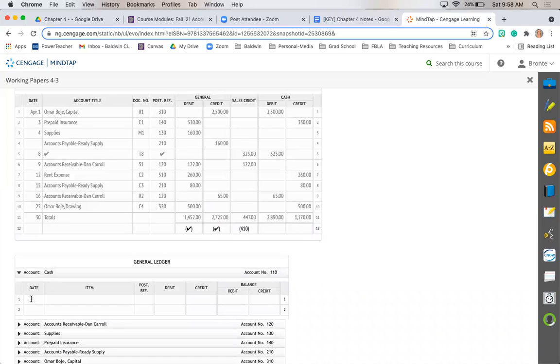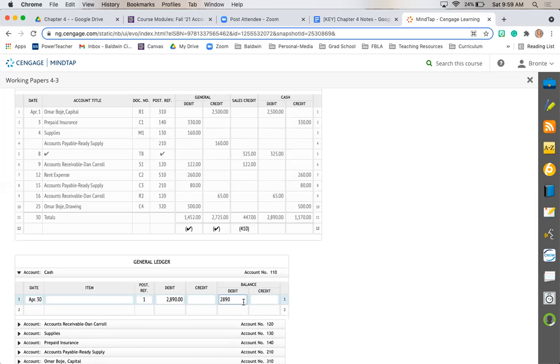So I'm going to post the debit amount first, April 30th, still journal page 1, debit of 2,890. That's going to update my debit balance to 2,890.